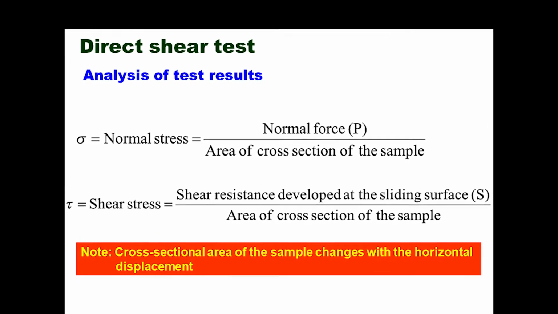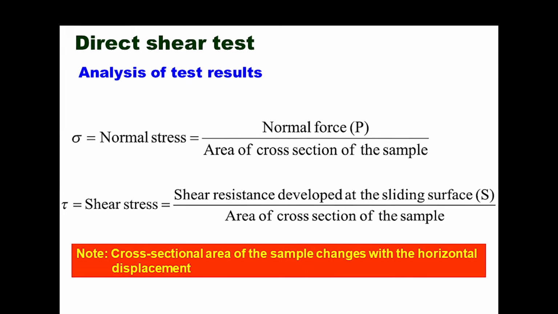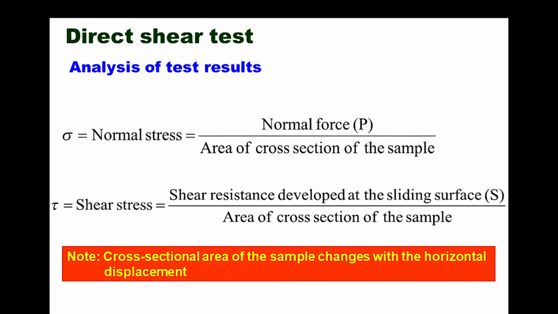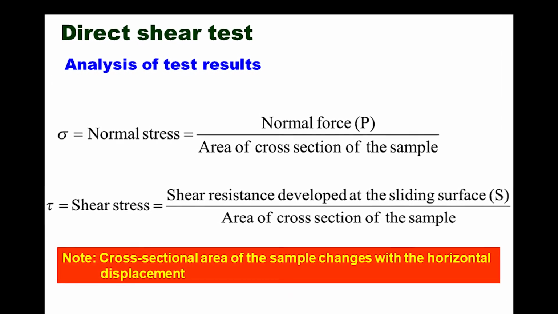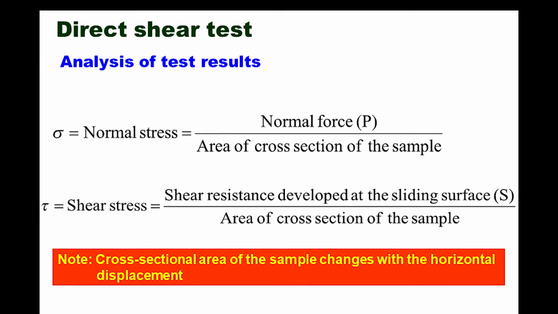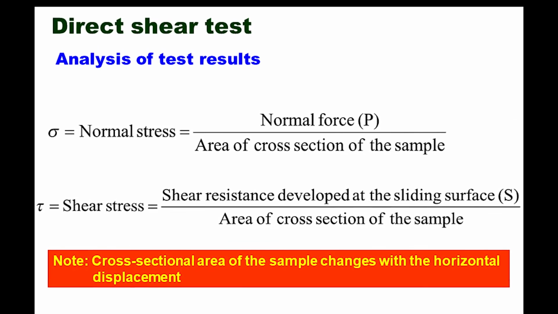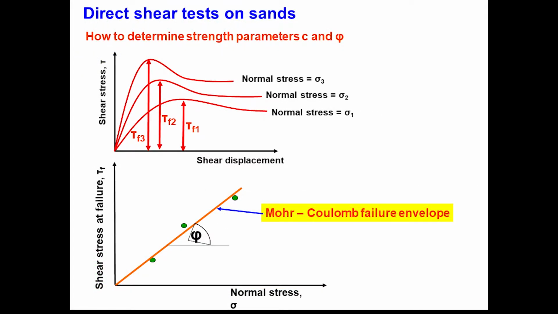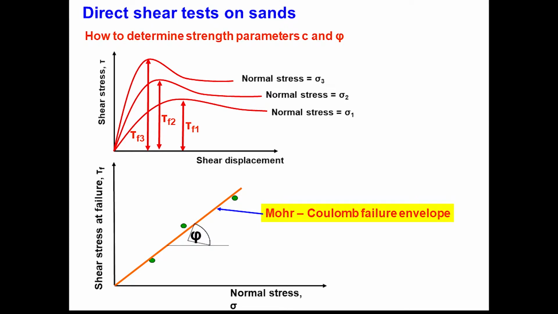Sigma is the normal stress, the normal force divided by the cross-sectional area of the sample, and tau is the shear stress, the shear resistance developed at the sliding surface divided by the cross-sectional area of the sample. The cross-sectional area of the sample changes with the horizontal displacement. The direct shear test is conducted on three samples, each time changing the normal stress P. For each normal stress you get the corresponding shear stress.